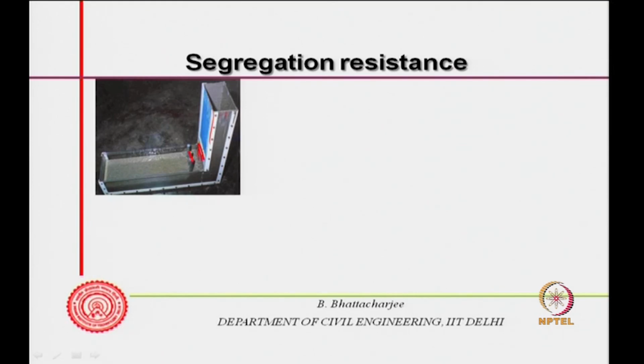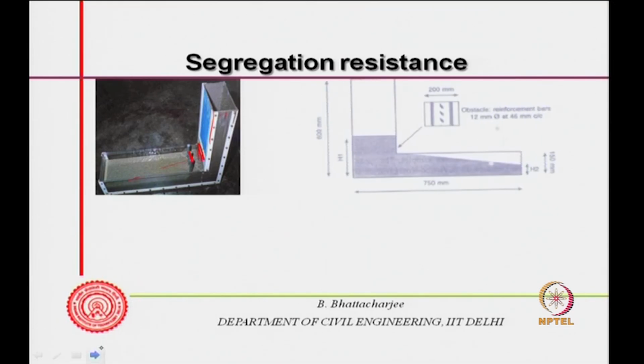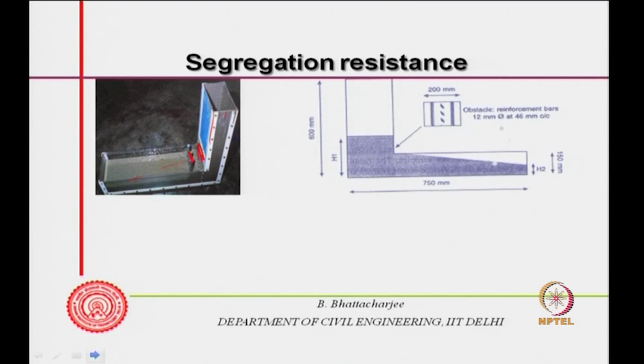Then open the gate, it will pass through the obstacle and fill in the concrete at this portion. 200 mm is the width of this one, these obstacles are 12 mm bars at 46 mm center to center spacing.